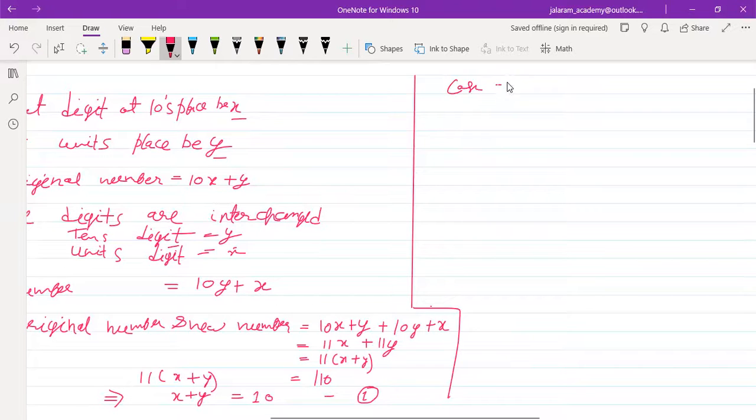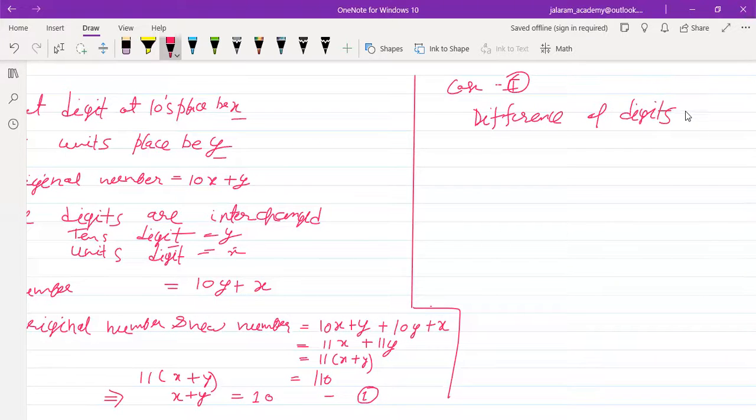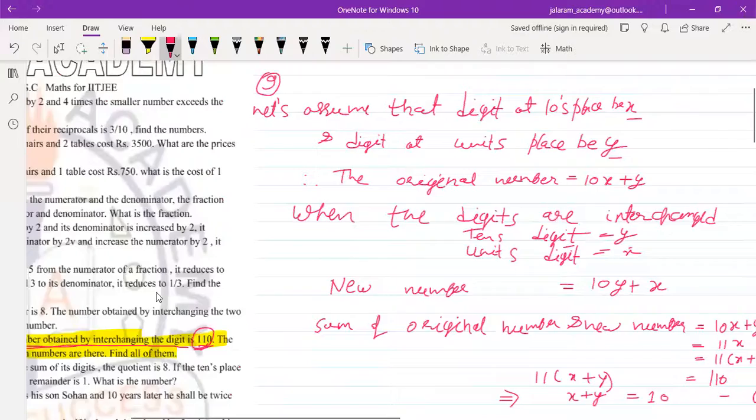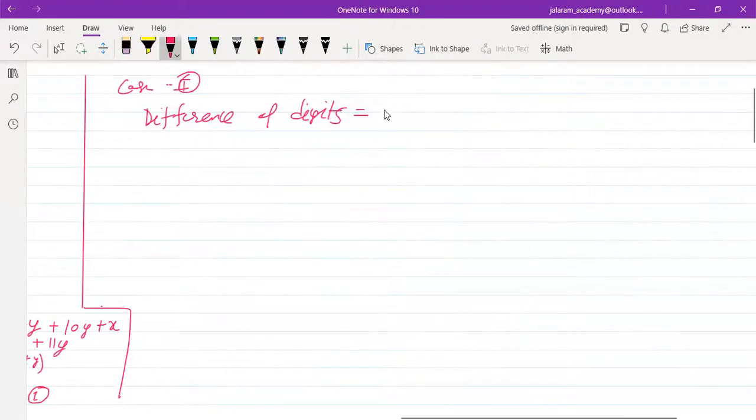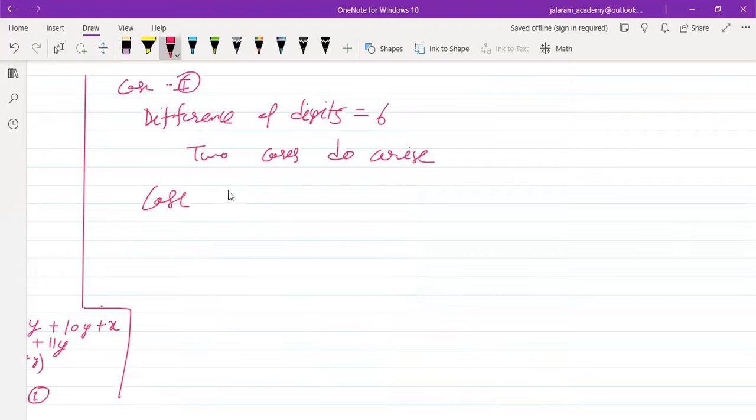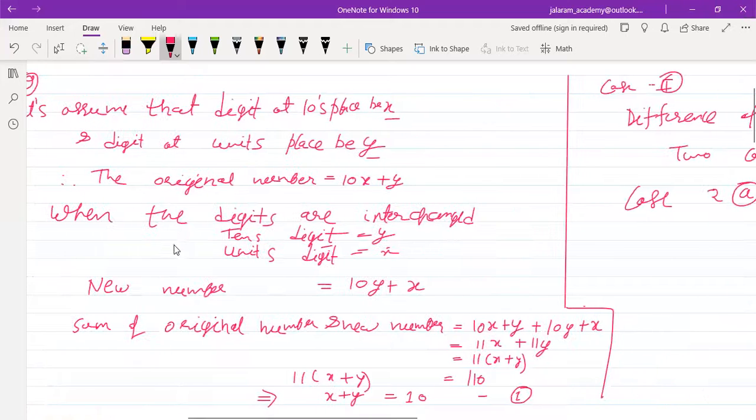The difference of digits is 6, which means two cases arise again. First case we name as case 2A.